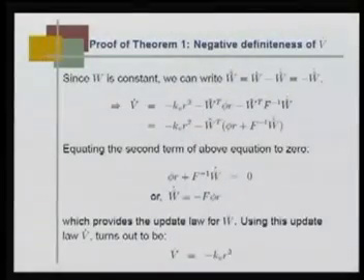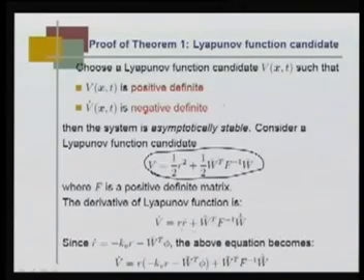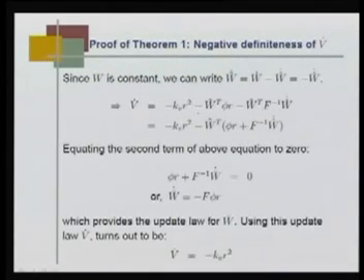Now, V dot is minus k v r square, minus W tilde transpose phi r, and the last term is W tilde transpose F inverse times W tilde dot, and W tilde dot is minus W hat dot. That is why this minus is coming, and this is W hat dot.